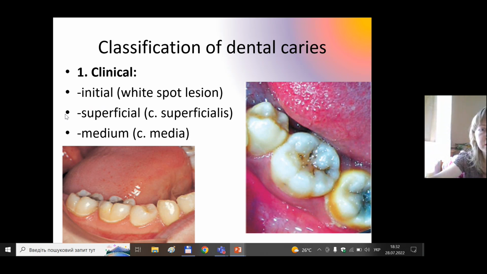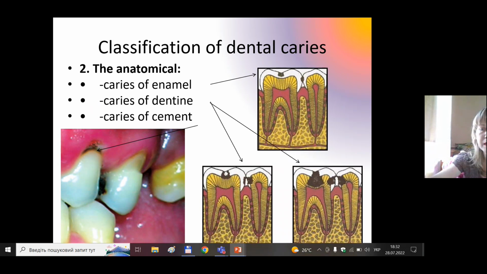According to it, we have initial caries, which is a white spot lesion, and superficial, medium, and deep caries. According to anatomical classification, caries is divided into caries of enamel, caries of dentine, and caries of cementum.